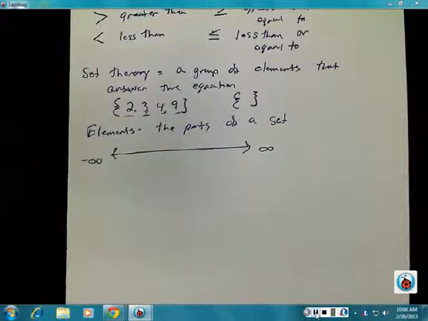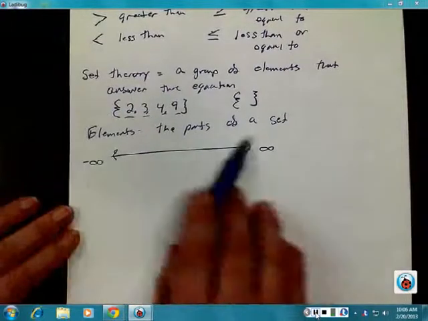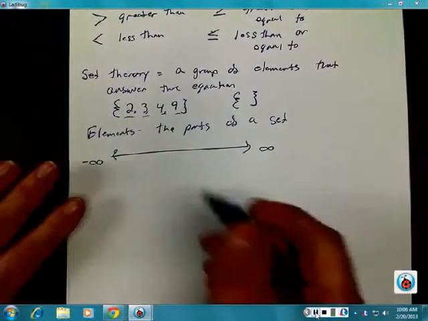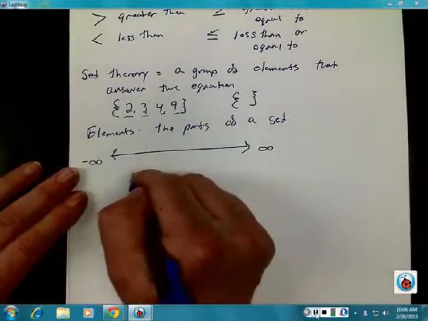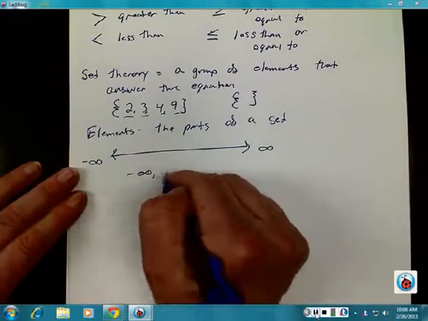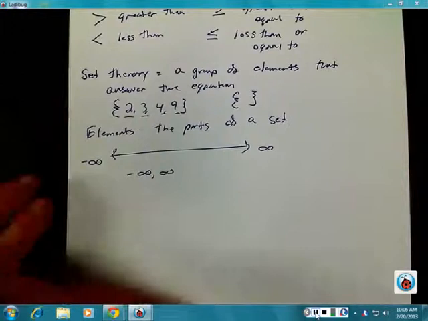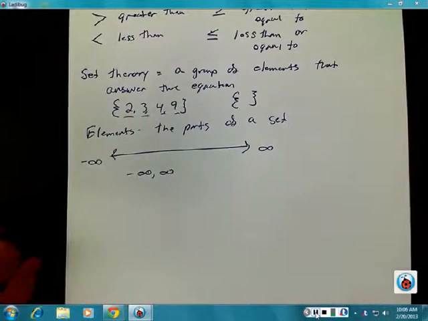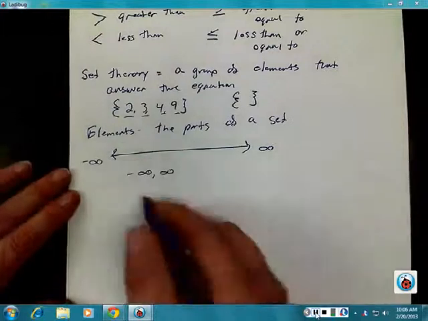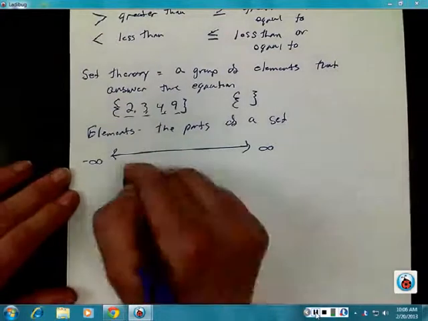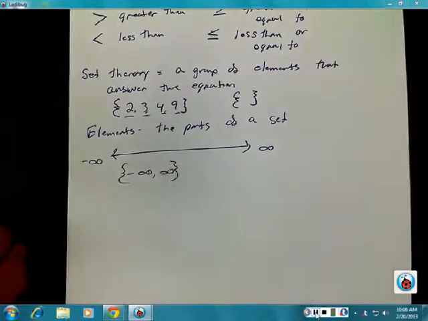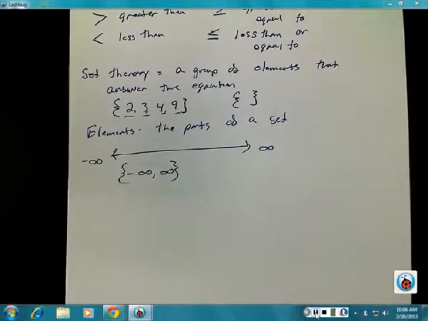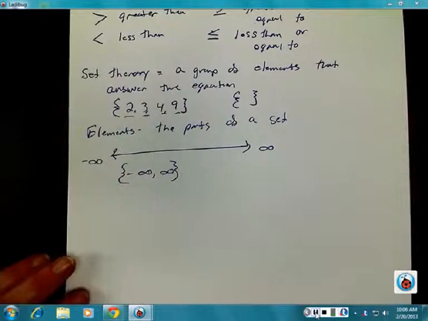And so if I wanted to list all of my elements, in this case, all of my elements would be from negative infinity to positive infinity, because I would have all of the values that would possibly be in there for an answer. So you have infinities on the ends of whatever your values happen to be.